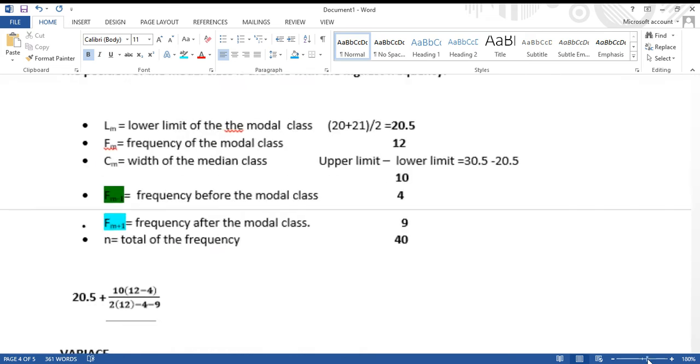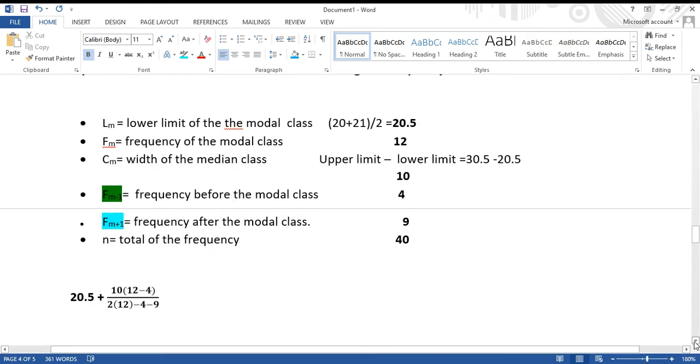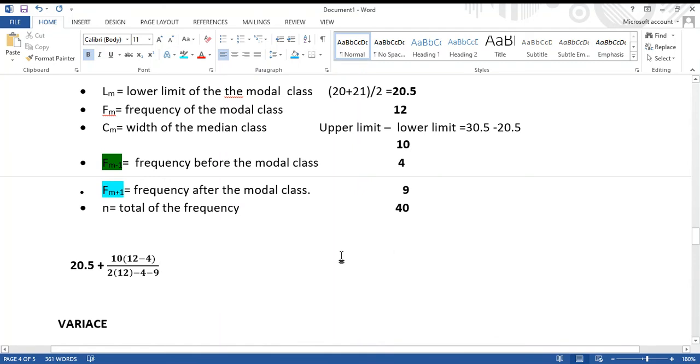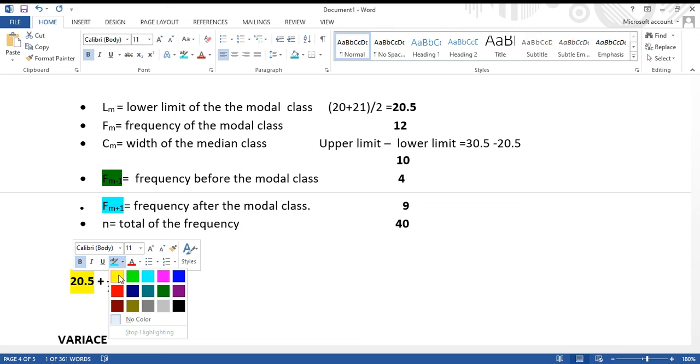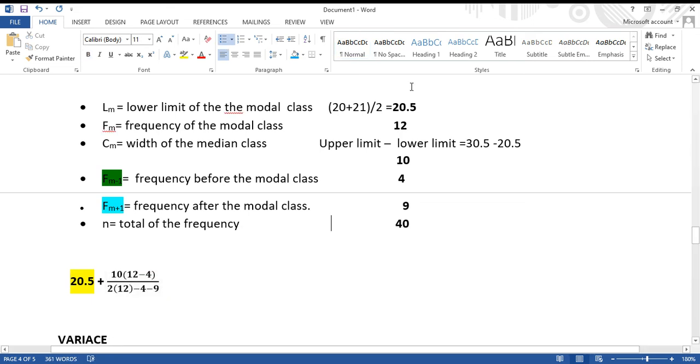Let me zoom in, and attach colors to this so that we know where everything is in the formula. Here is our 20.5, which is our lower limit. Then we have our 12, which is our FM.